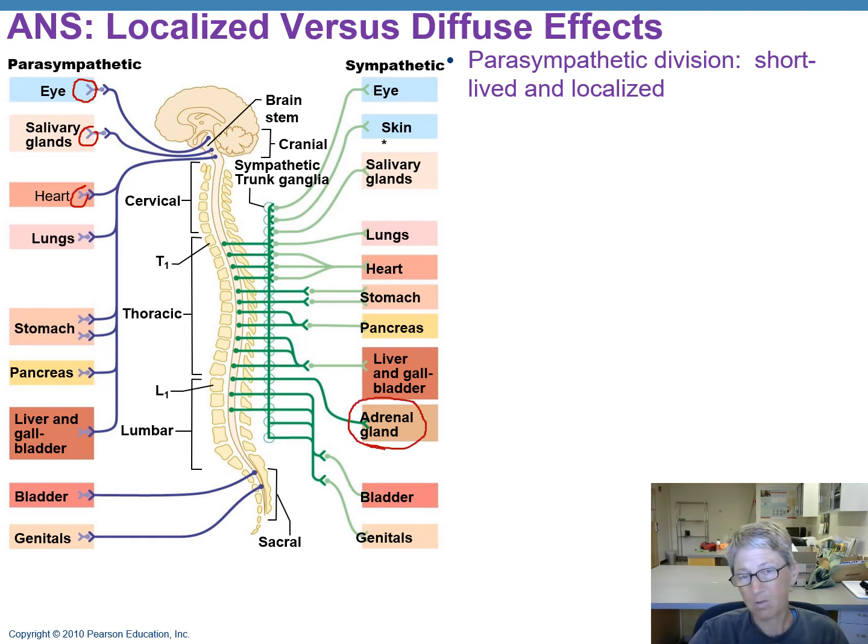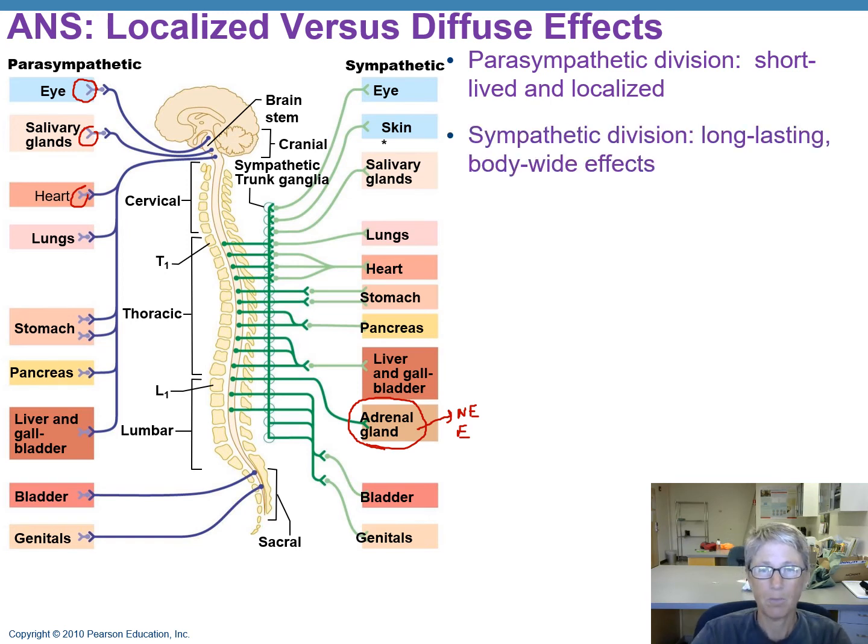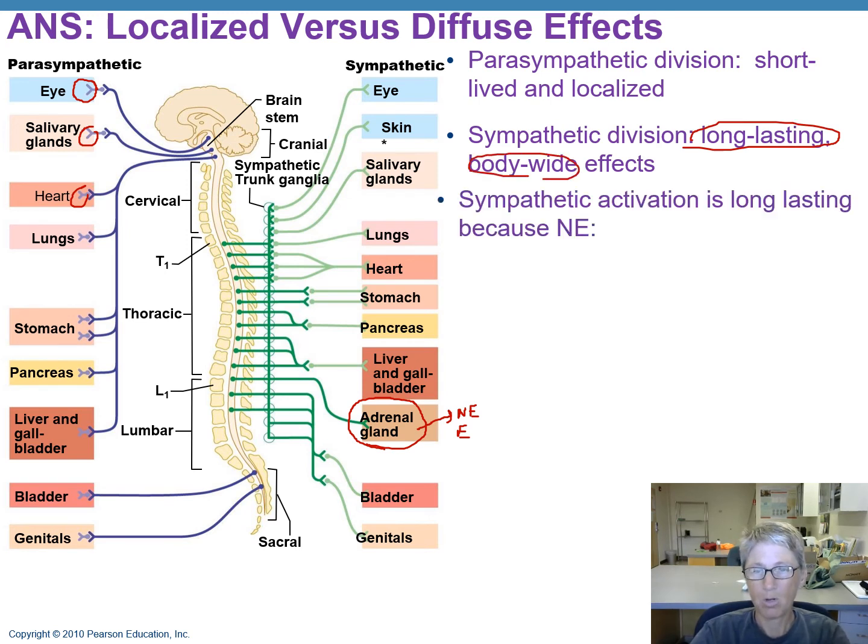When the sympathetic nervous system innervates the adrenal gland, it is stimulated and releases norepinephrine and epinephrine into your blood, and those two neurotransmitters can travel all over your body, and wherever they find an adrenergic receptor, they can bind and have an effect on that tissue. So the sympathetic division's effects last a long time, and the effects are body-wide, because its neurotransmitter is put into the blood.